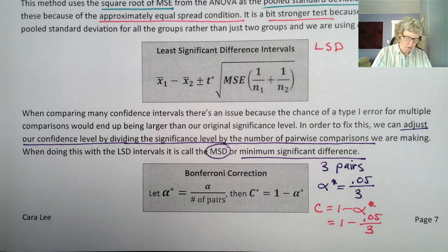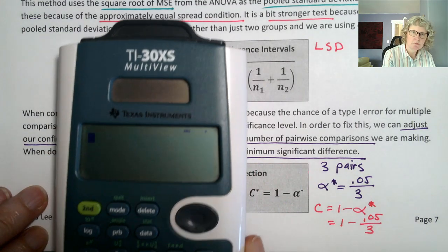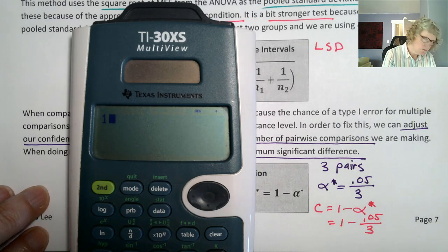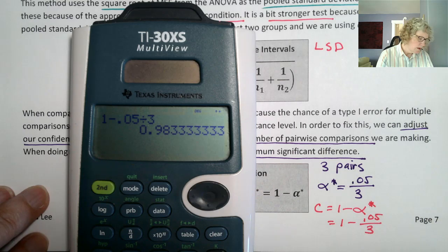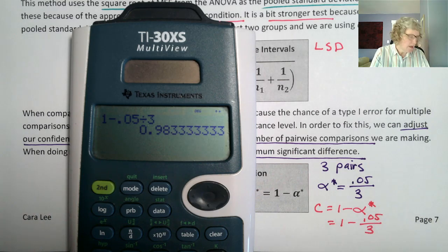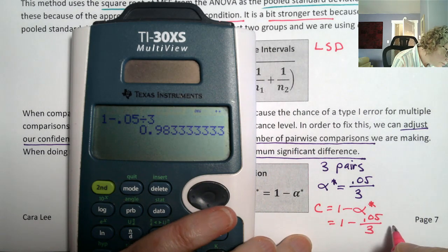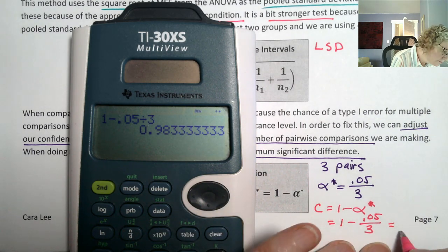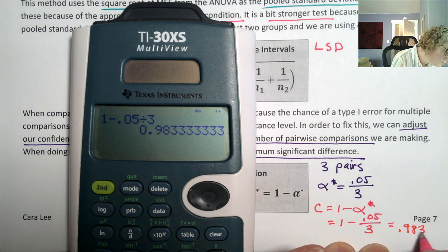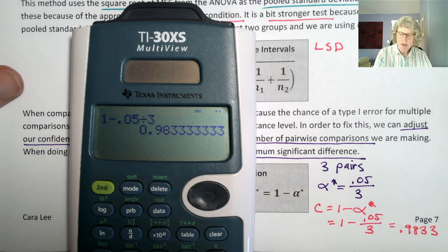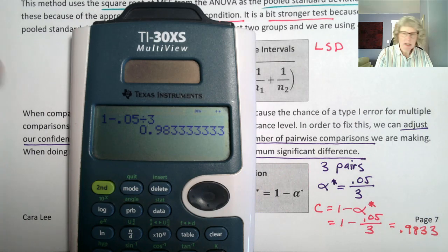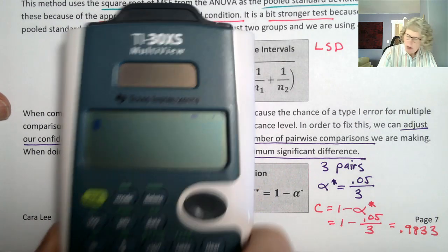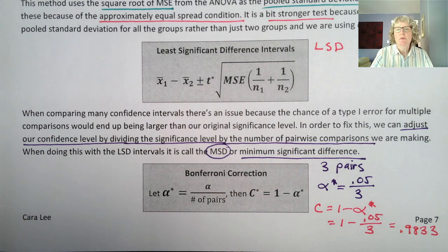Get out my calculator for that. Okay, 0.983. So now I have a confidence level of 0.9833, or 98.33% confidence. Okay, so that's what we want to do with Statplet.